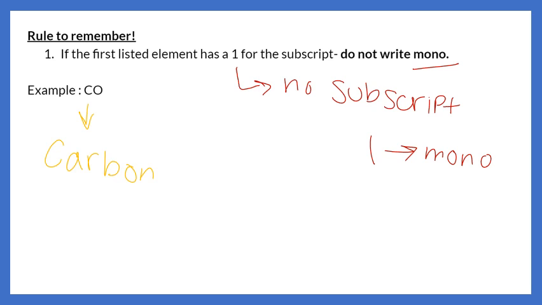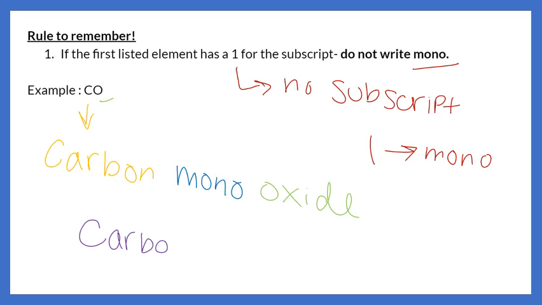And then since there is just the O, or that silent 1, we would have the prefix mono, and then we would write out the oxygen, which is oxide. So this would be carbon monoxide. So we could just rewrite this as you get rid of that extra O there.